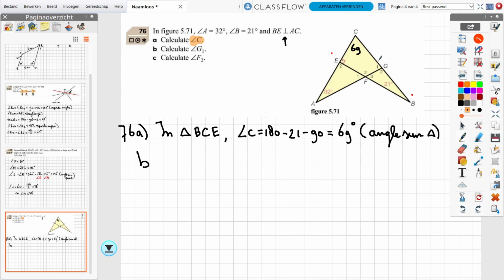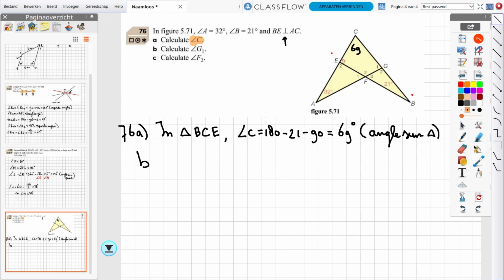Another option that I see is that if I would know G2, I can find G1 because of a straight angle rule, but again I think this is not that easy because I don't know G2, and to know G2, another way to do it is to do angle sum triangle, but I don't know F3 either, so again I don't think that's the way to go.